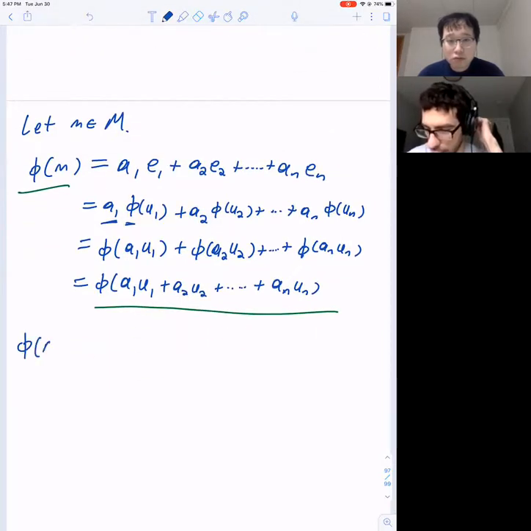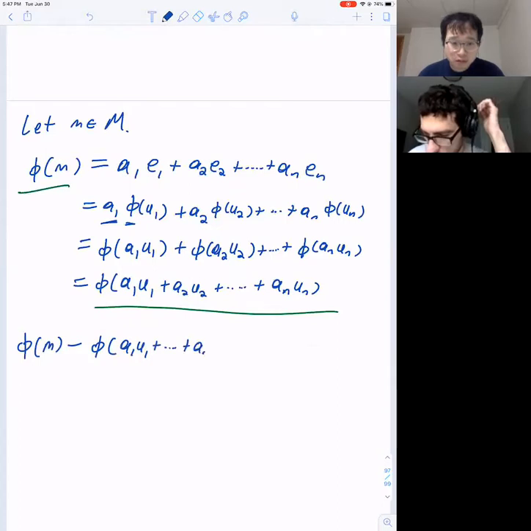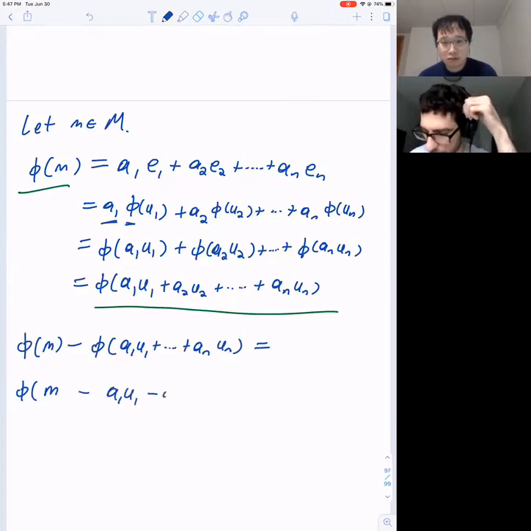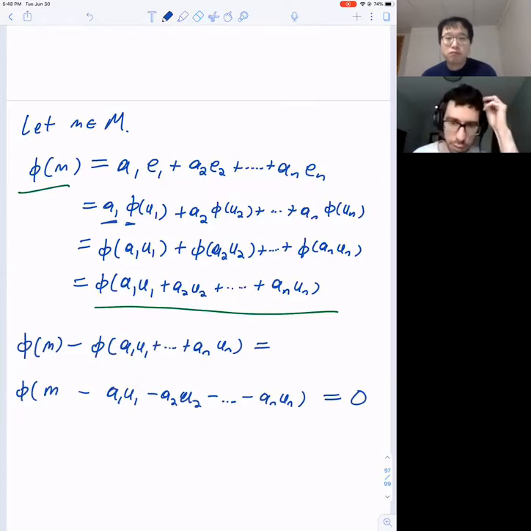What is phi of m minus phi of a1 u1 ... an un? Because it's a group homomorphism, I can make it into one single element inside the parenthesis: phi of (m minus a1 u1 minus a2 u2 ... minus an un). This is equal to 0.